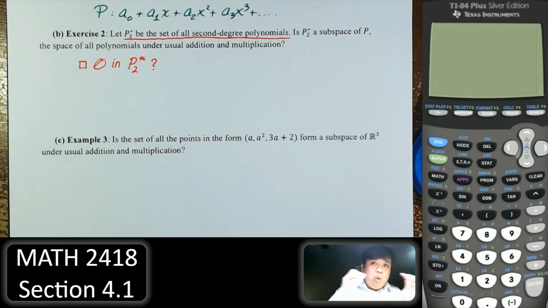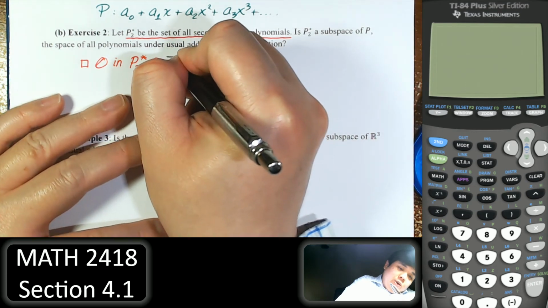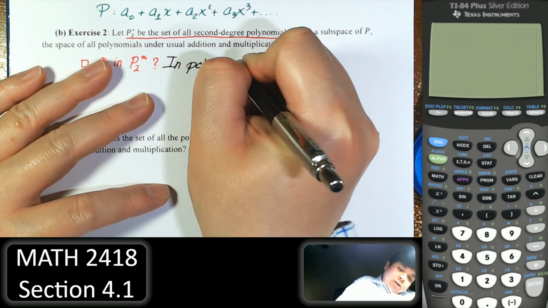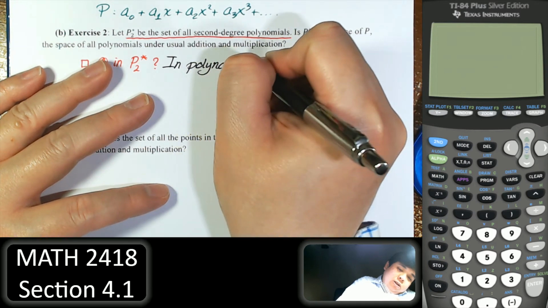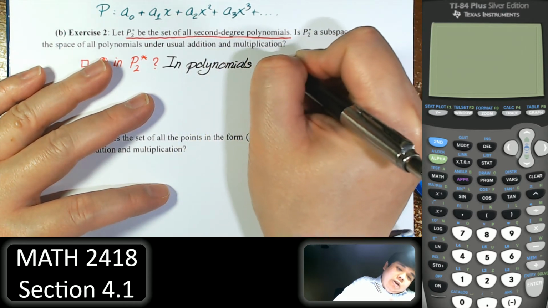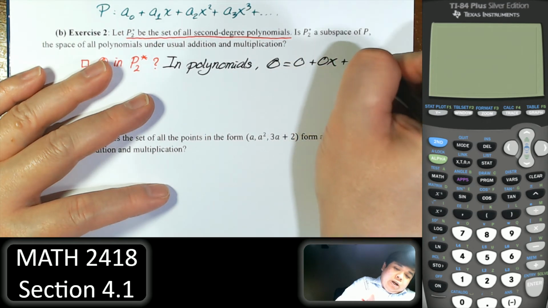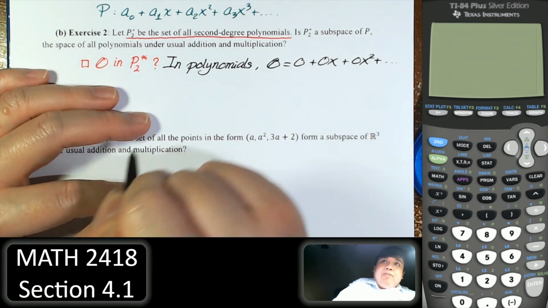So that is equivalent to the 0 vector, but for polynomials. So in polynomials, the zero vector is equal to 0 plus 0x plus 0x squared, and so on.